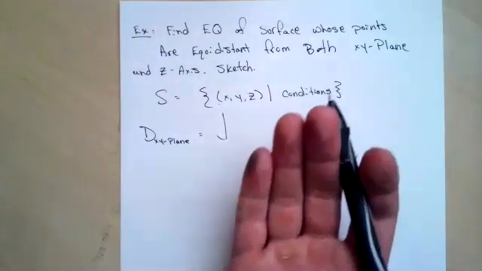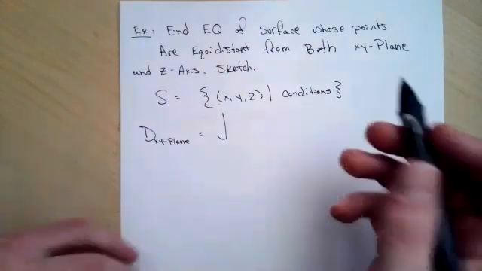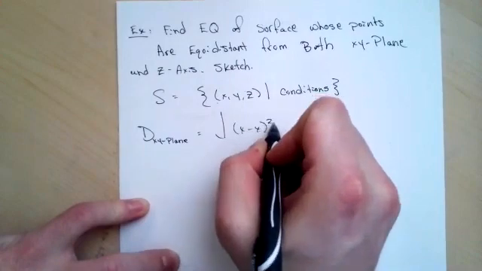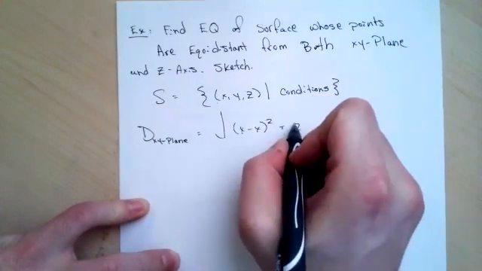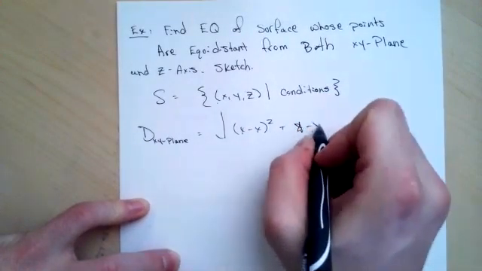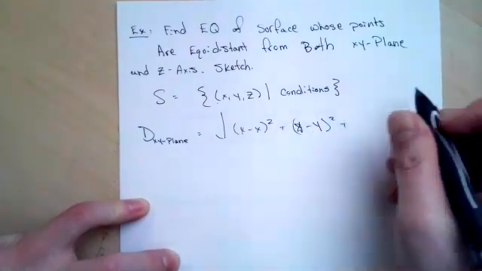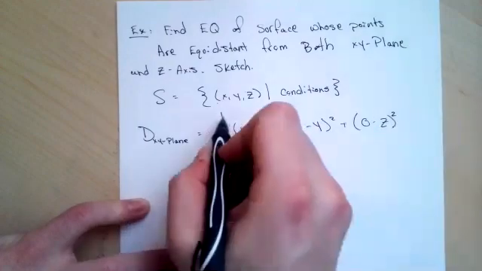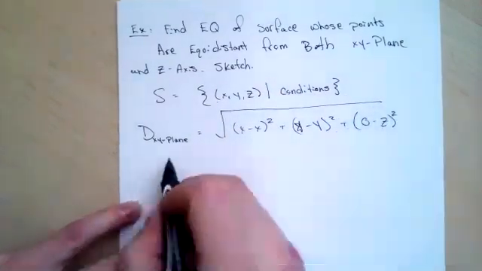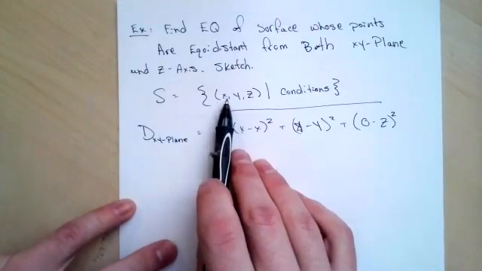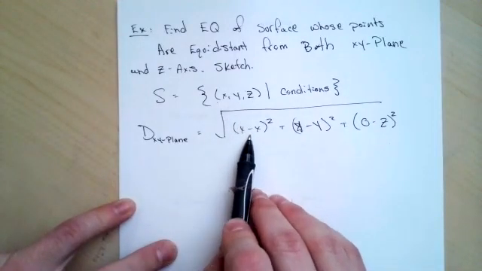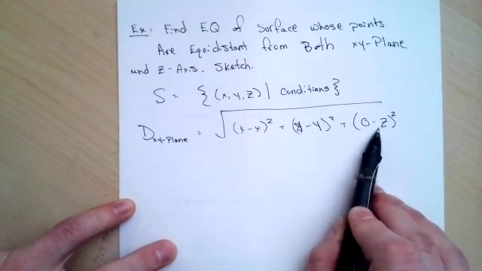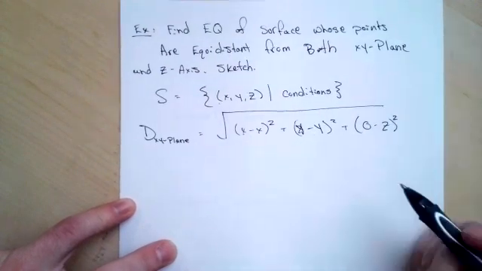What's the distance from that to the xy plane? As we saw in our last example, the point on the xy plane that we hit is going to be (x, y, 0). So our change in x is 0, our change in y is 0, and then we are simply going a distance of z to hit the xy plane.